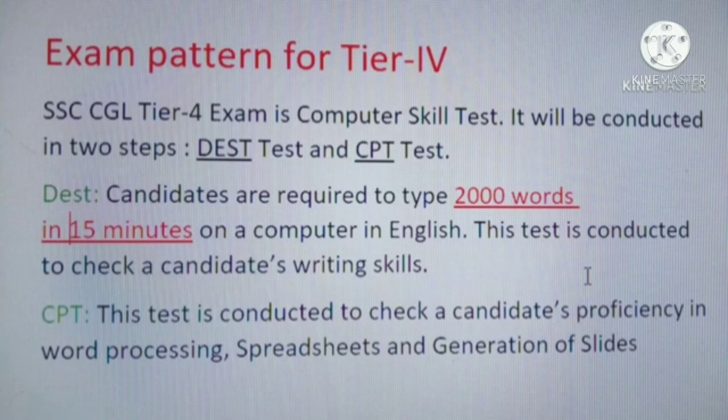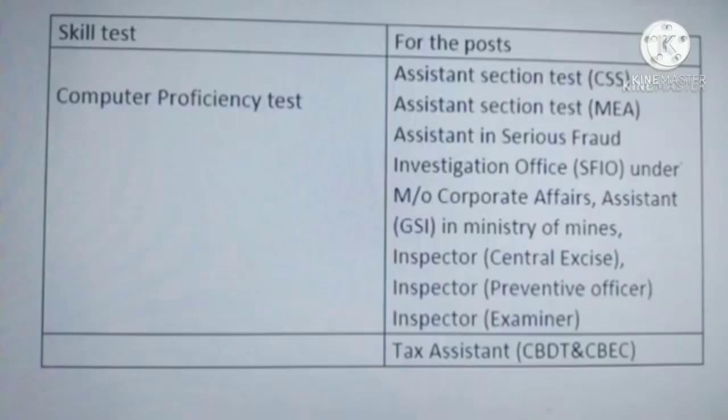For the typing test, candidates are required to type 200 words in 50 minutes on a computer in English. The test is conducted to check the candidate's writing skills. The CPT is conducted to check the candidate's proficiency in word processing, spreadsheets, and generation of slides. So accordingly, you will be tested.